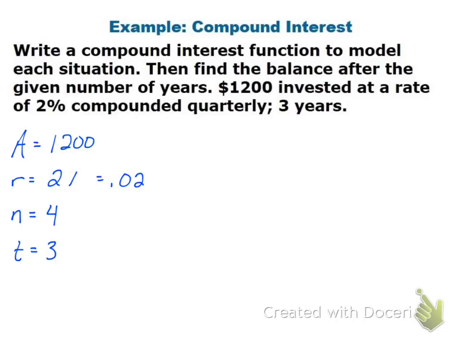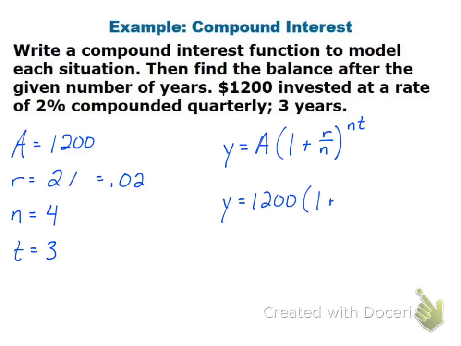And so again, when I write my equation here, I go y is equal to a, parentheses 1 plus my rate divided by the number of times it's compounded, and then n times t is my exponent. So when I do this, I get y is equal to 1,200, parentheses 1 plus 0.02 divided by 4, and then in the exponent, I go 4 times 3.